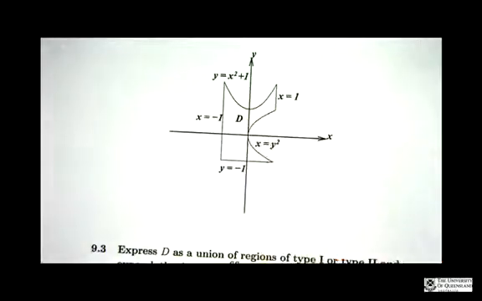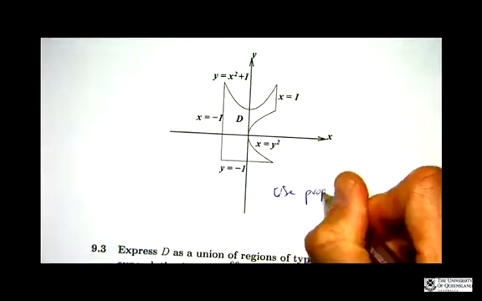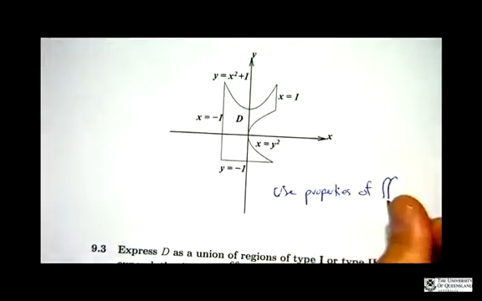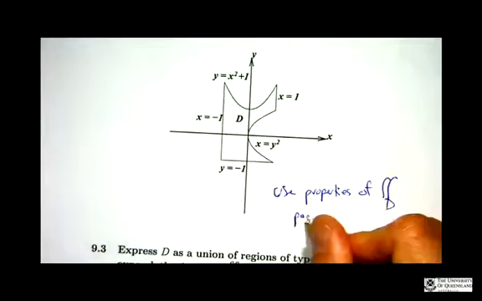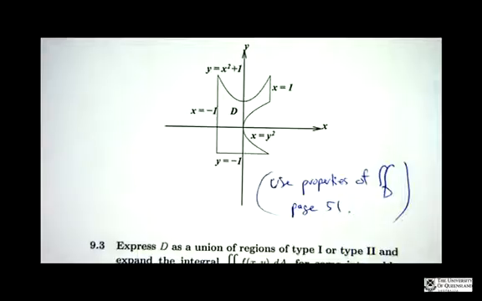So if we call this region D, we could use the properties of the double integral in the workbook. I think it's page 51, right? Especially property number 3, where we'll use the strategy that we'll take this really complicated region and just try and divide it up into smaller regions, which are either type 1 or type 2.